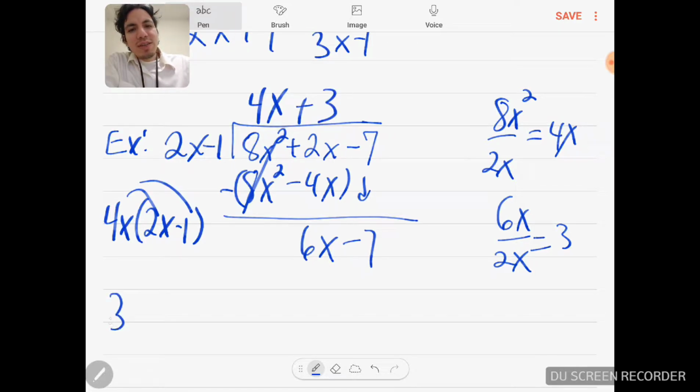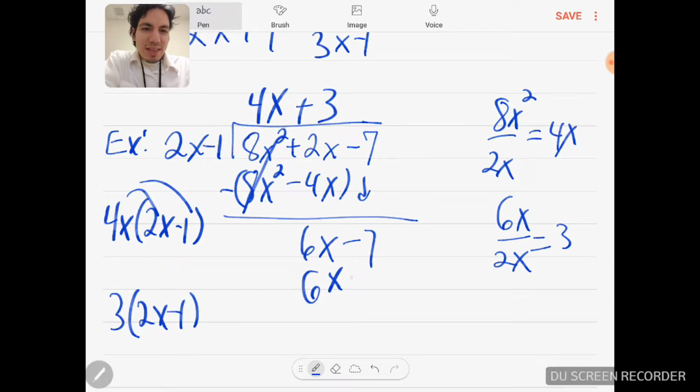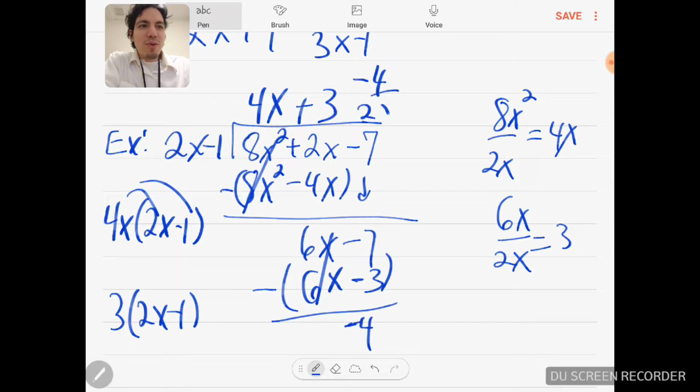Plus 3, so then I take 3 times 2x minus 1, I get 6x minus 3. I subtract the terms, and I'm left with negative 4. So it'll be negative 4 over 2x minus 1 is my final answer.